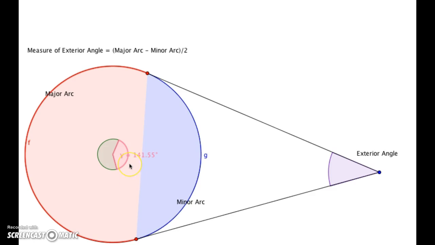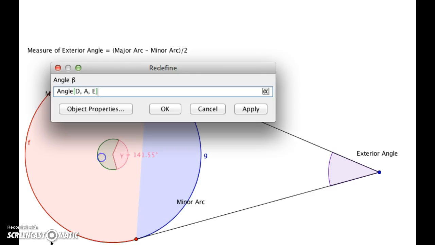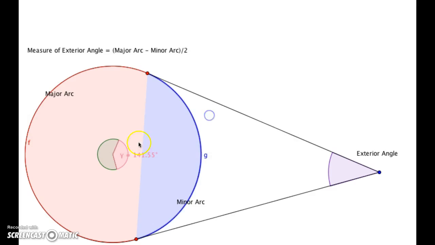The angle that subtends the minor arc has a measure of 141.55. So that means to find the measure of the exterior angle, we need to subtract these and then divide by 2.